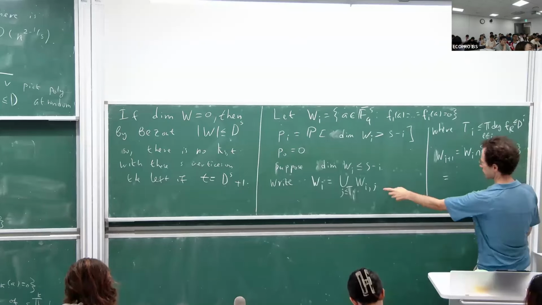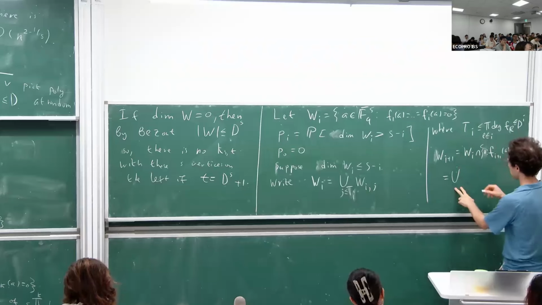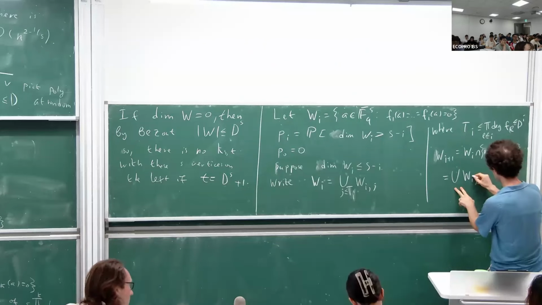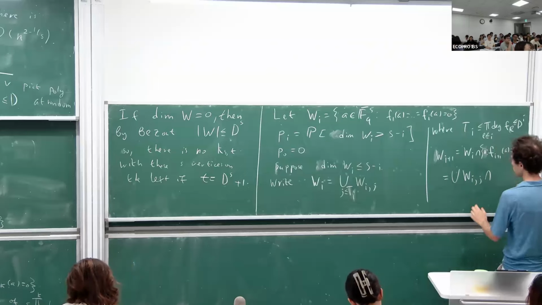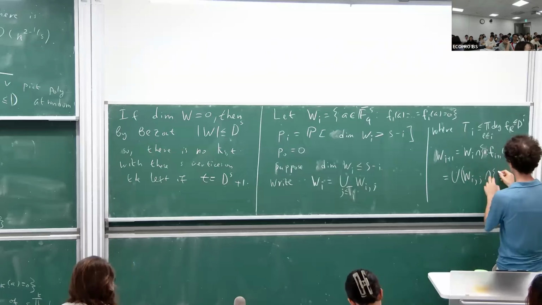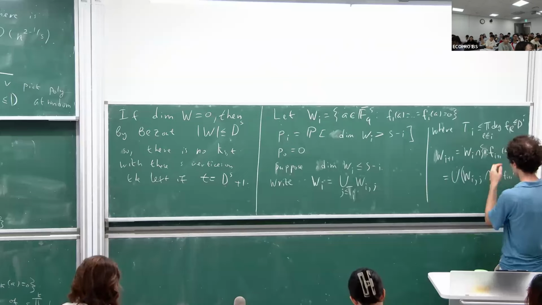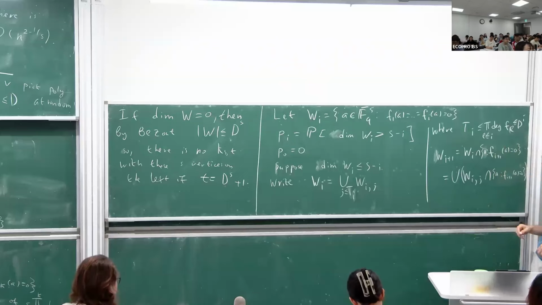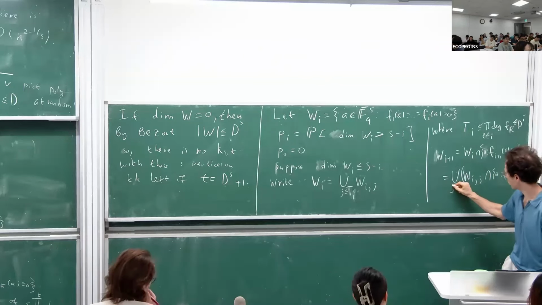So this is, of course, just intersecting each of these components Wij with this zero set, over all j.